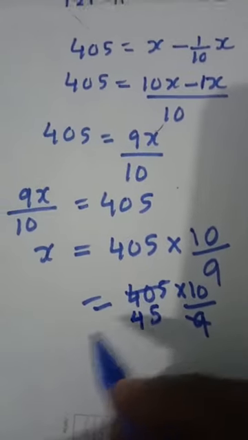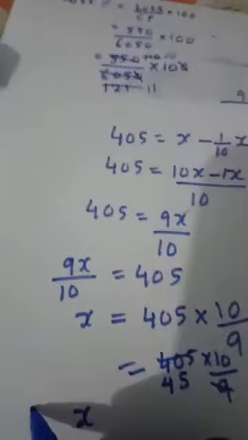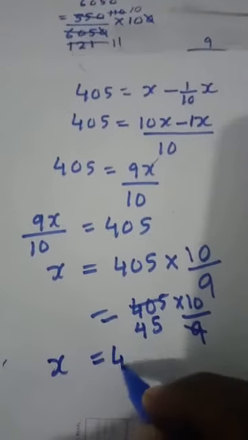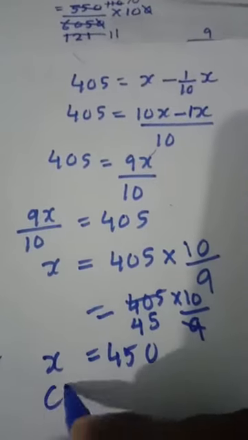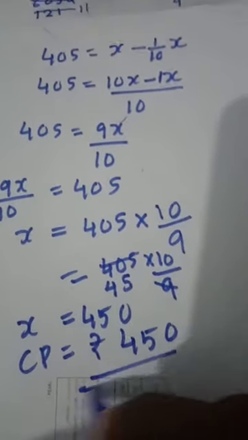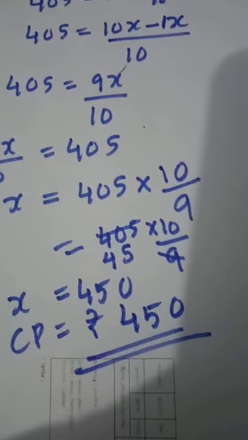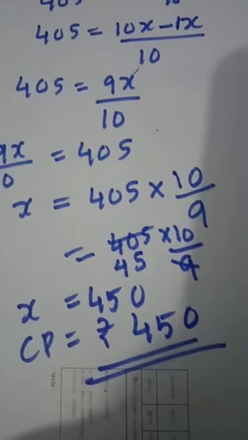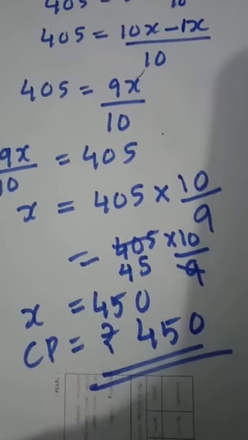So 450. x equals 450. That means CP is equal to rupees 450.